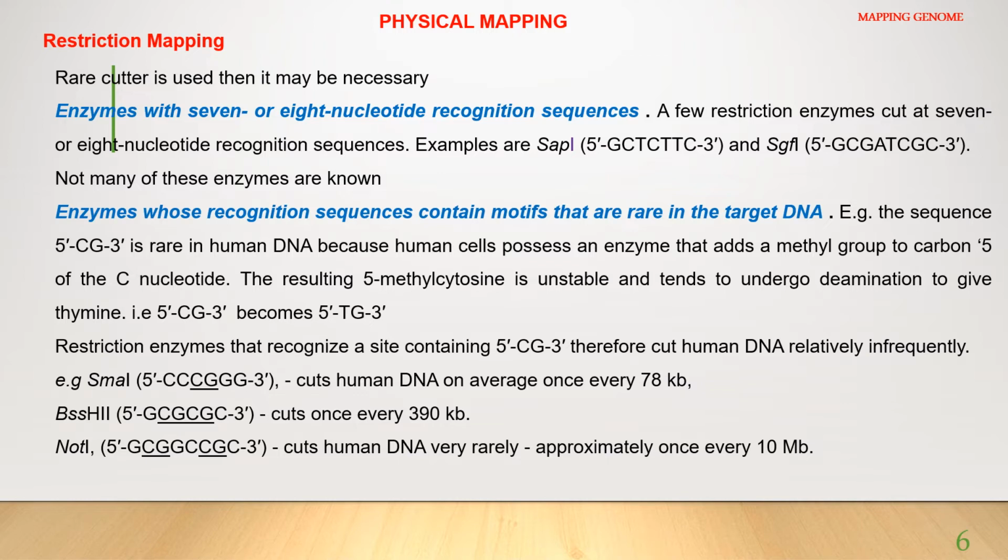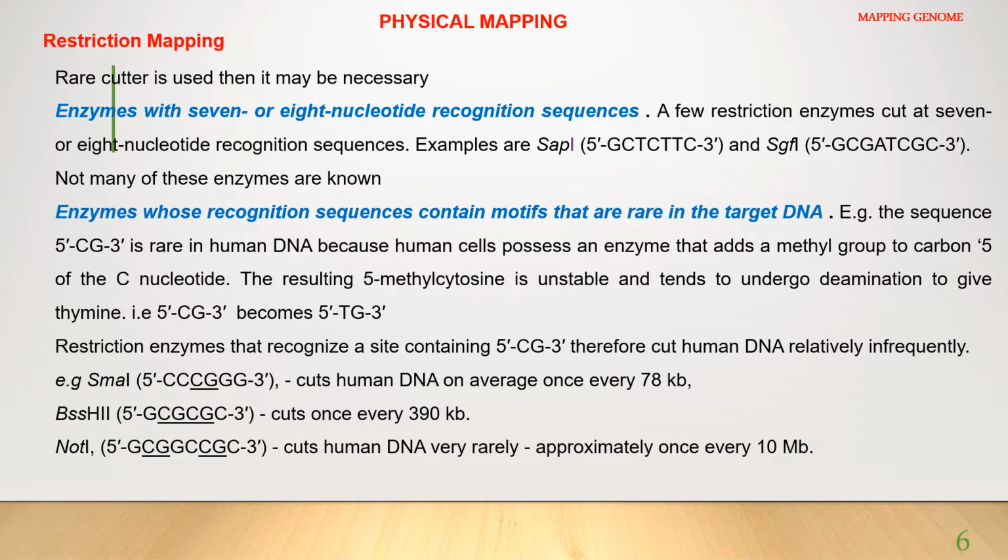This can be overcome by choosing certain restriction enzymes which have a limited number of restriction sites in the cloned genome, like the ones with longer recognition sequences, for example 7 to 8 nucleotides long, so that their occurrence is less in the genome.